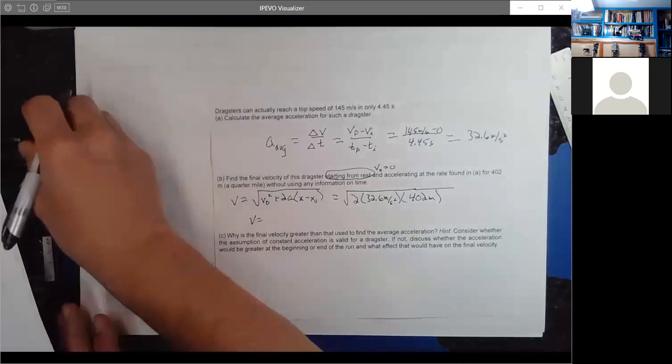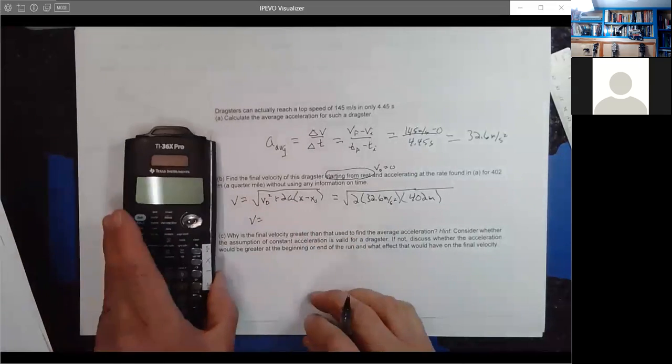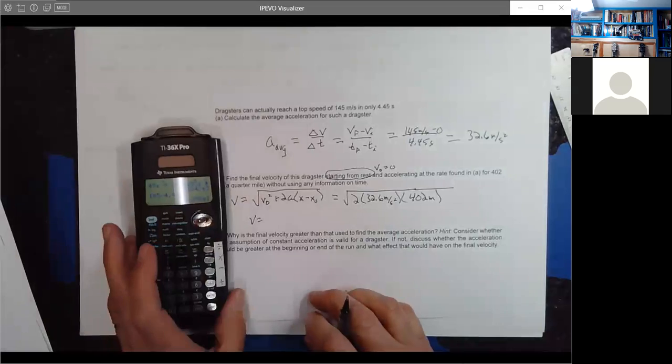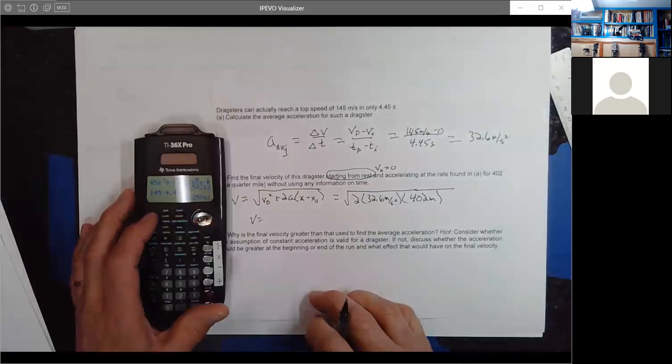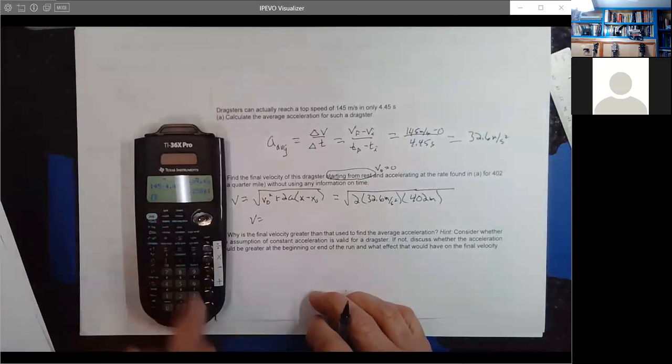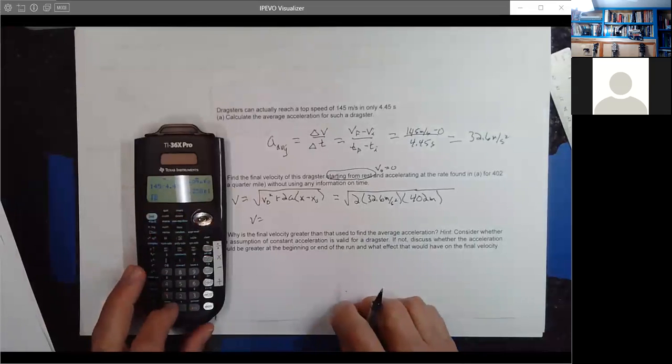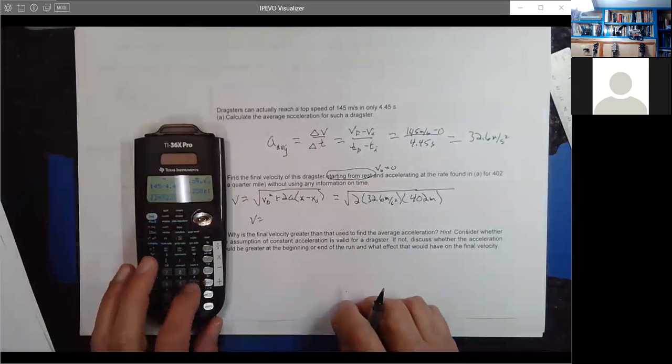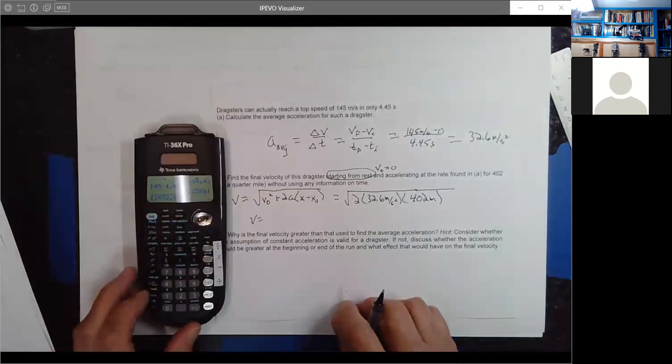So v equals, and I'll show you, first thing I'd do, I'd hit second square root, so I'm working under a square root, and then just 2 times 32.6 times 402, and that's it.